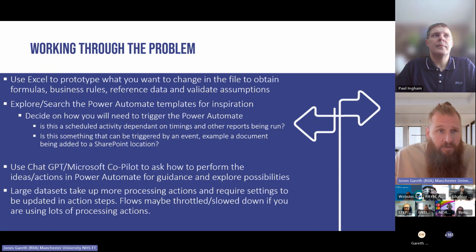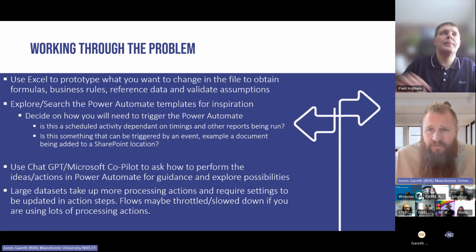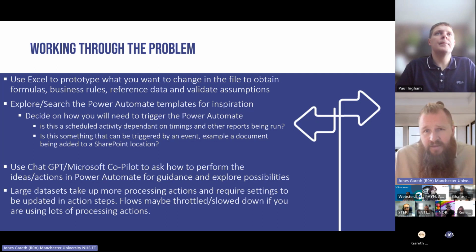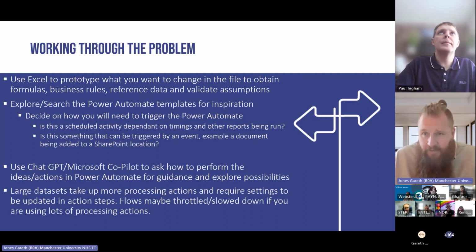For this example, what we'd always advocate is that you use Excel to prototype what you want to change in your file, to obtain formulas, business rules, reference data, and validate assumptions. Ultimately, if you dive straight into building your automation without really knowing what output you want to achieve, you're jumping too far ahead and haven't considered what the to-be is, where you want to get to. So doing that pre-work before getting into Power Automate is a really important step.